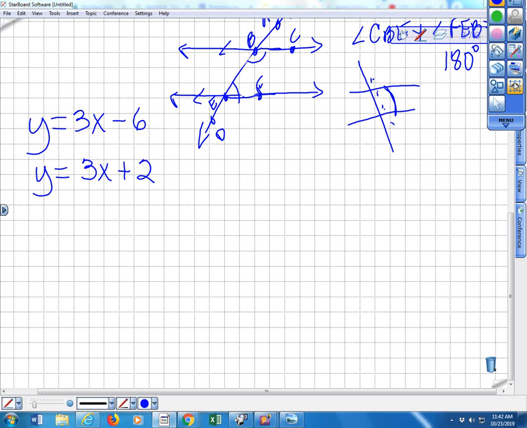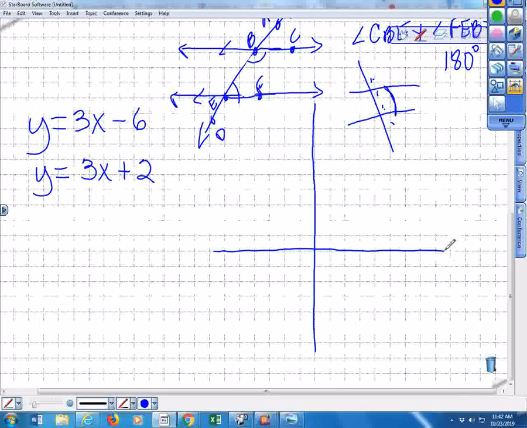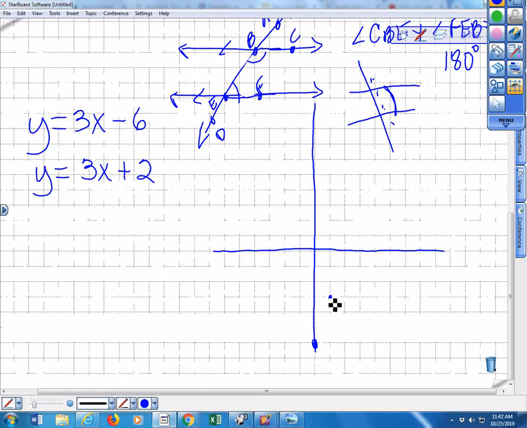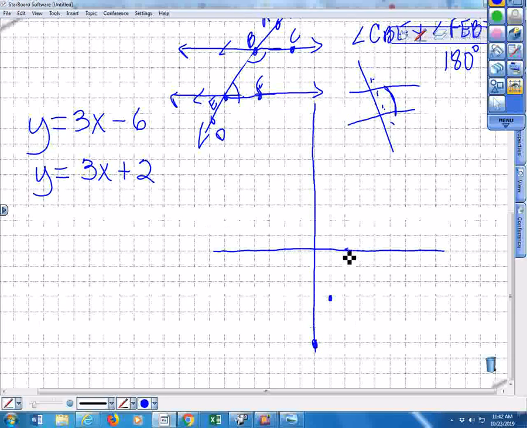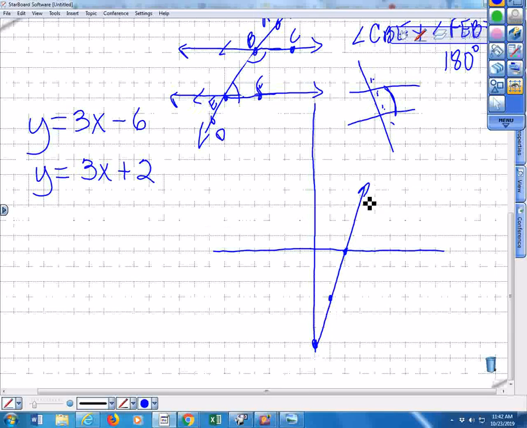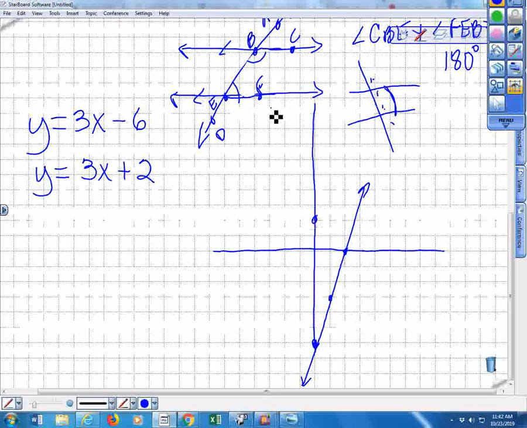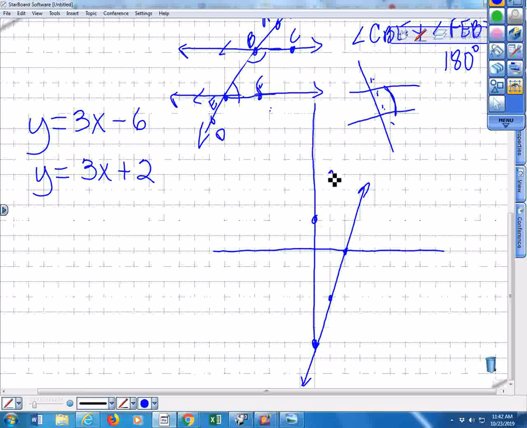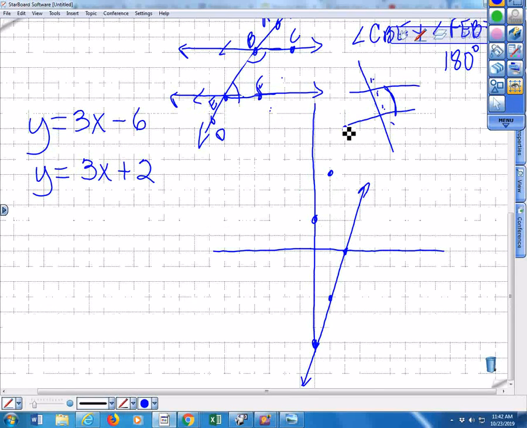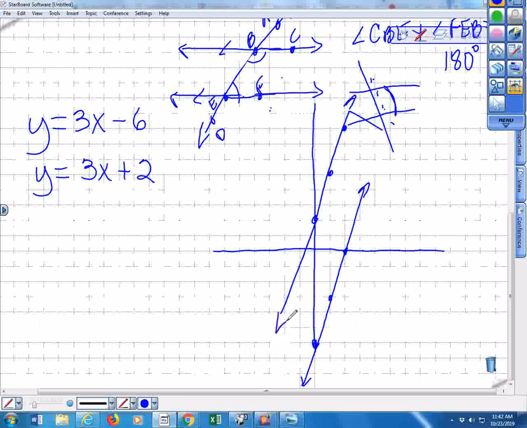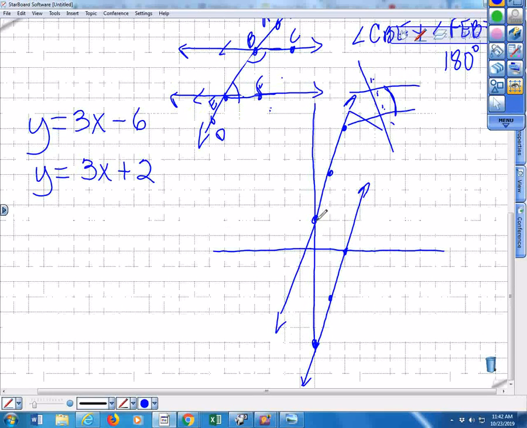And just so we don't run out of time, I'll just start doing it up here for you. You take one of your y-intercepts on the two, and then you take the opposite numbers. 1, 2, 3.